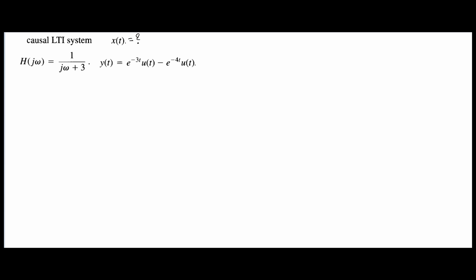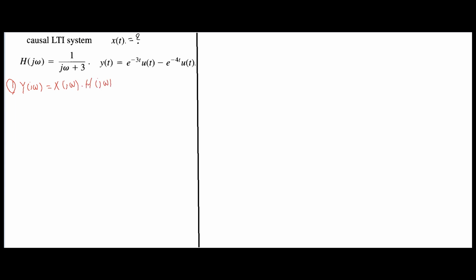To solve this problem, we need to know a few points, and first we will mention those points. The first point is that in the frequency domain, the output of an LTI system is equal to the input multiplied by the frequency response.